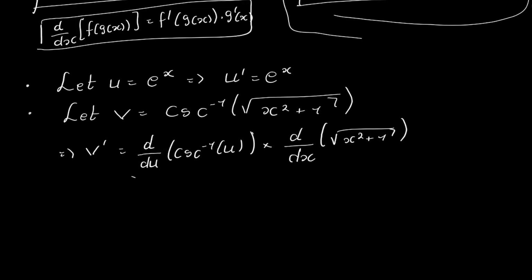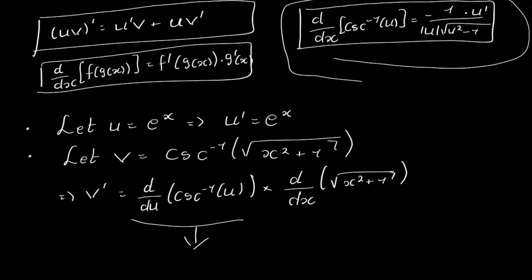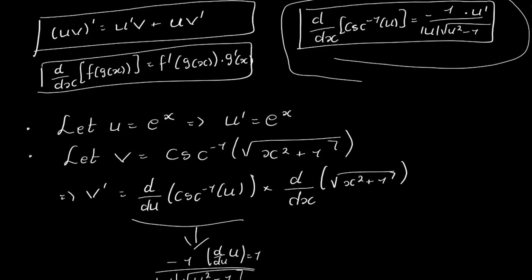So let's start with this. The derivative of cosec inverse u gives us negative 1 over absolute value of u times square root of u squared minus 1. Here u prime is the derivative with respect to u of u, which gives us 1, so that can be replaced directly by 1.